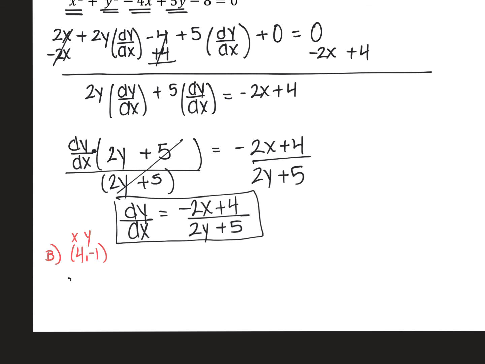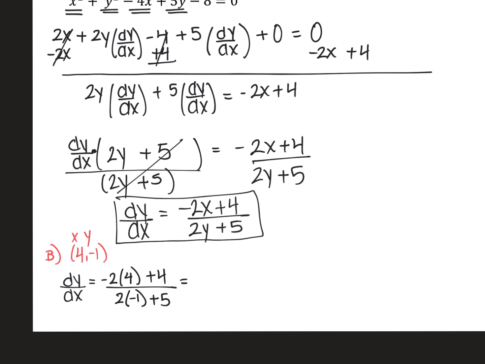So my dy over dx is going to be negative 2 times x, which is 4, plus 4, over 2 times my y value, which is negative 1, plus 5.